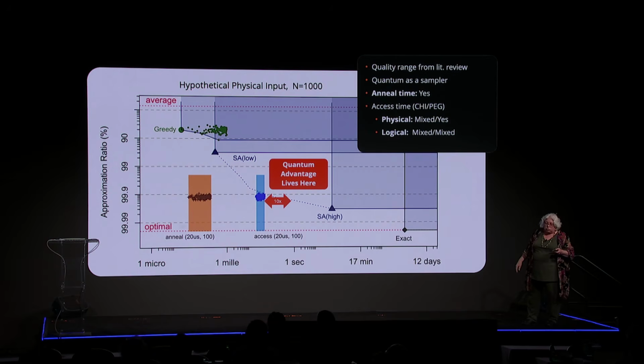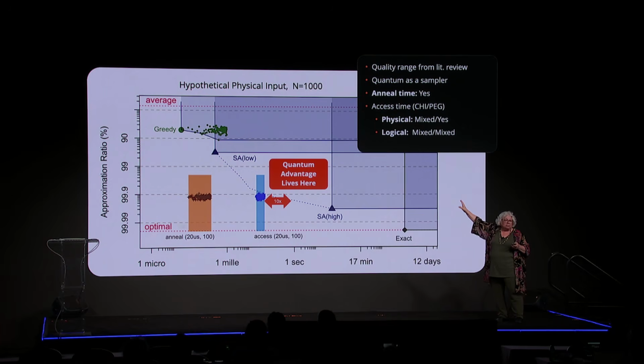So where does quantum live? Well, I went back to all of those papers and found everything that was looking at physical inputs around n equals 1,000. The orange box is the space of all the solutions I found when measuring anneal time, and the blue box is the space of all the solution qualities I found when measuring access time.